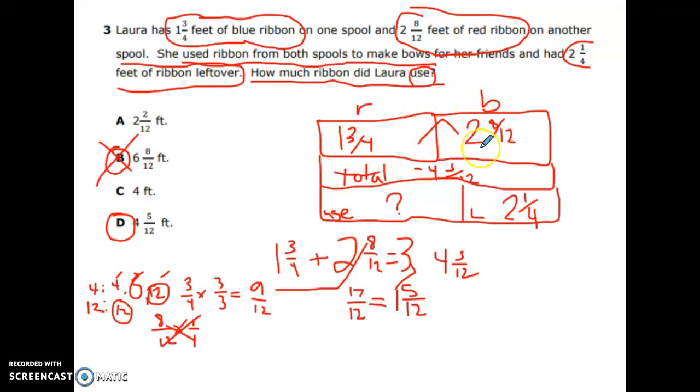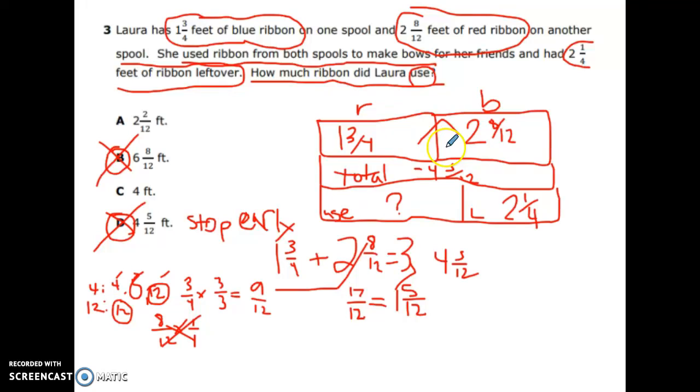No, that's the red and blue ribbon combined. So you stopped too early. Bad mistake. Draw your strip diagram.